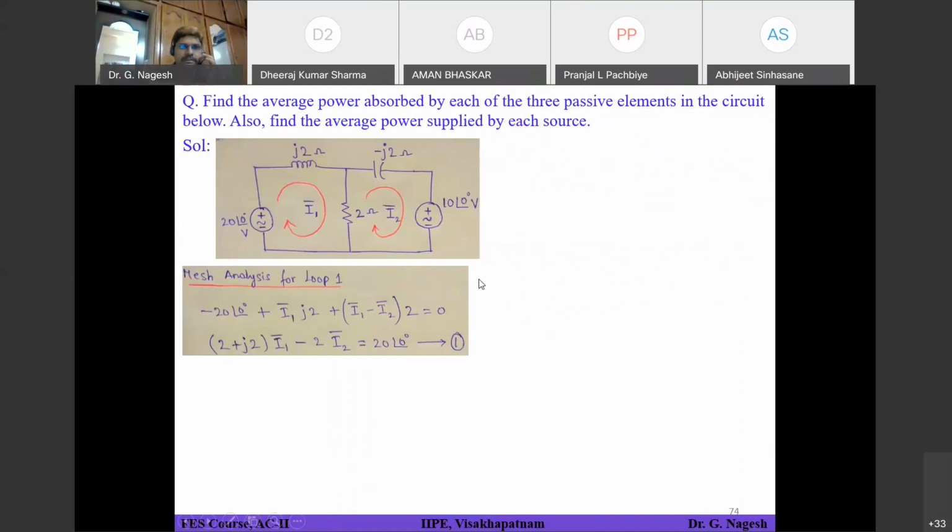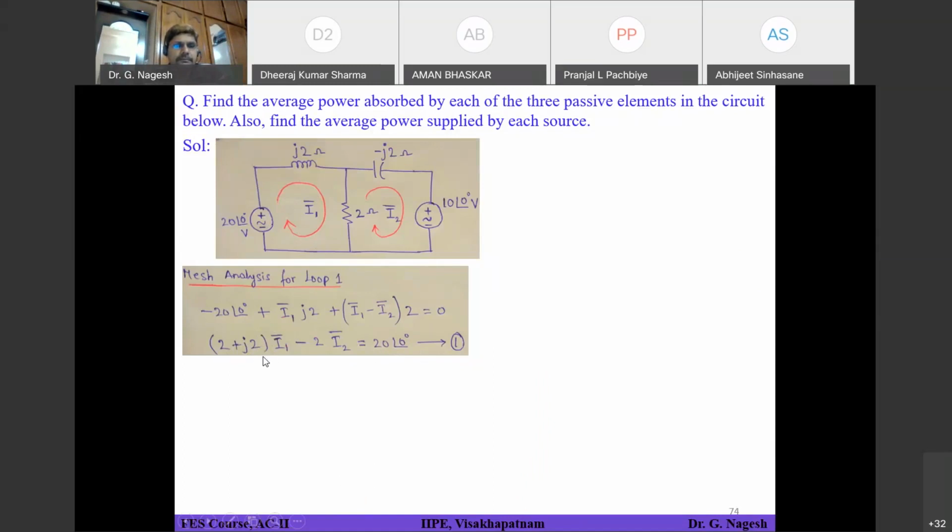Okay, so we'll go in steps. So this is your first loop. So did you get this kind of equation for loop 1? I mean mesh current 1. Right. So if you see here, you are going to get this kind of expression for the mesh 1.